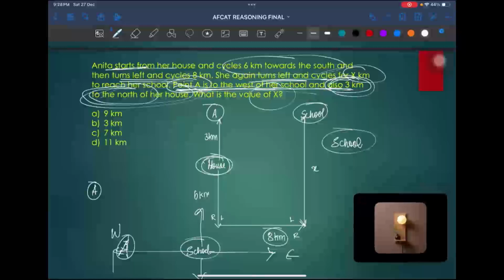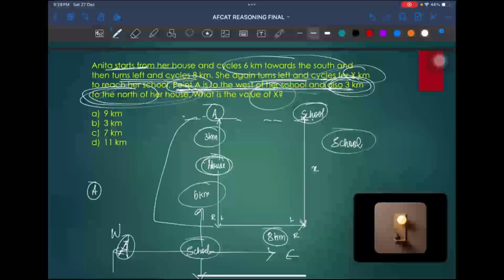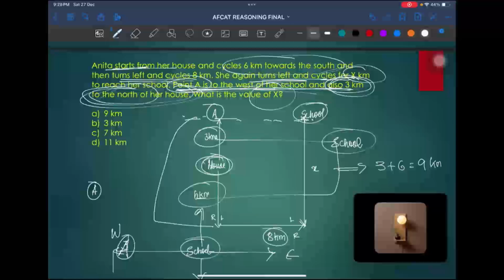For finding the value of x, since these both points are in the same alignment, if I add 3 plus 6, I'll get the value of x, that is 3 plus 6 is equal to 9 kilometers.